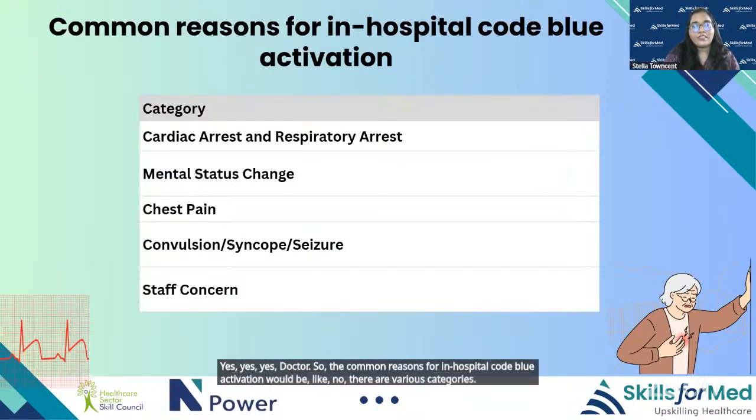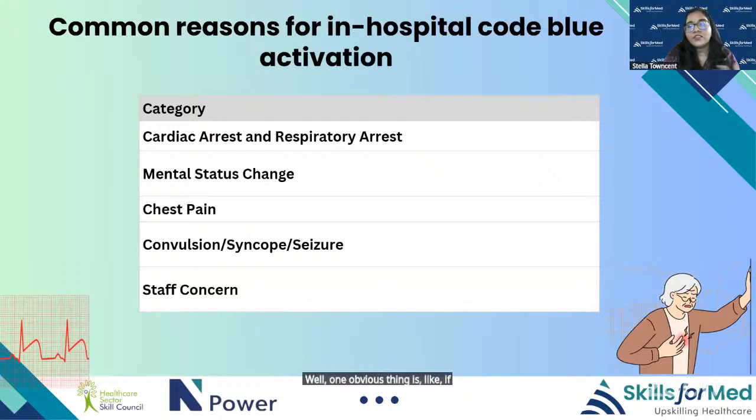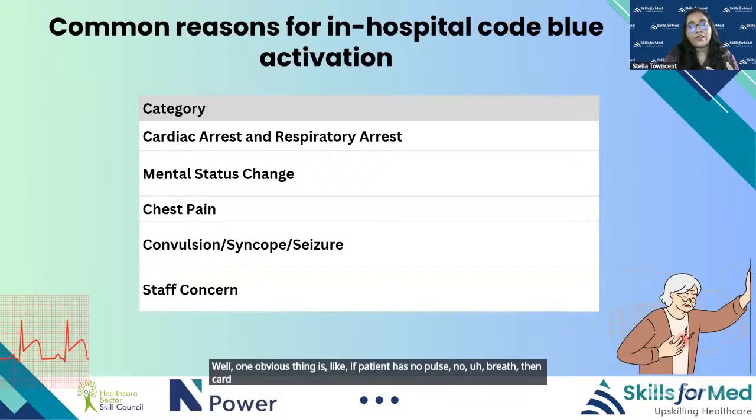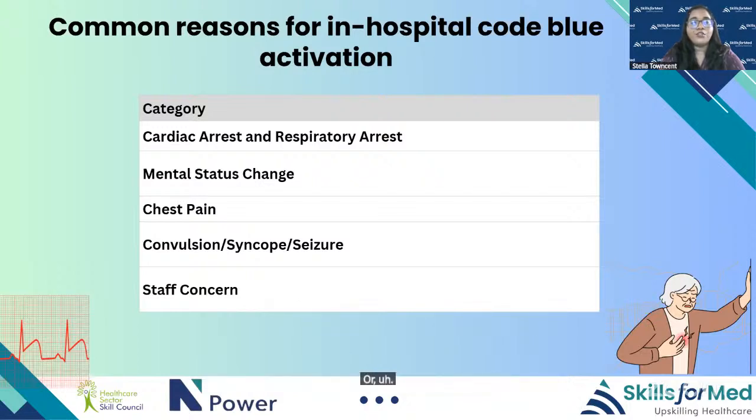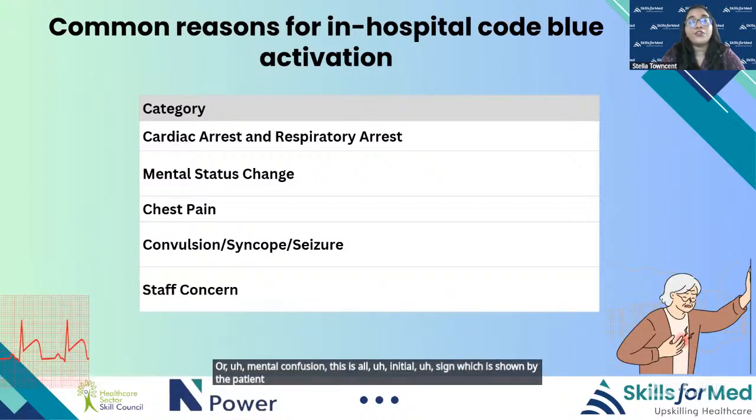One obvious thing is if the patient has no pulse and no breath, then cardiac arrest and respiratory arrest, obviously the code blue is activated. Mental status change might be the patient is disoriented, suddenly becoming unresponsive, or mental confusion. This is all an initial sign shown by the patient that the patient is going to deteriorate.